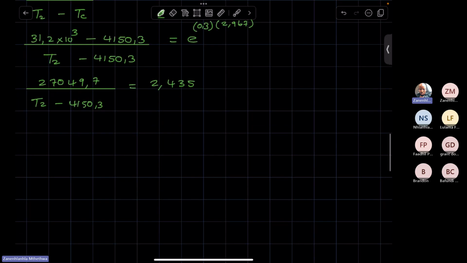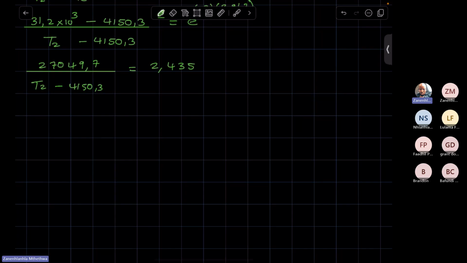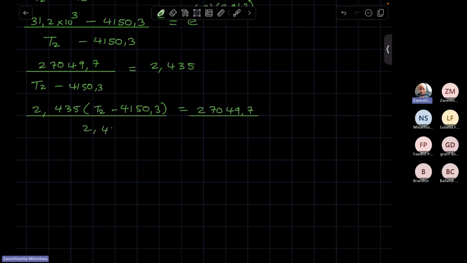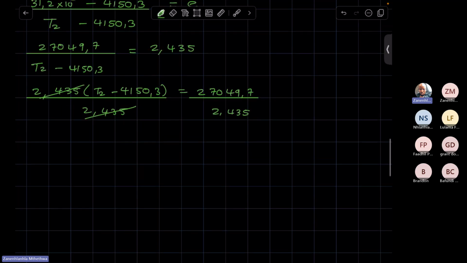From here, I'm going to cross multiply. So I end up with 2,435 times (T2 minus 4150,3) is equal to 27049,7. From here, I simply divide both sides by 2,435, so that cancels.